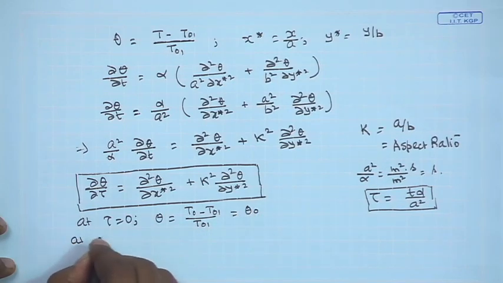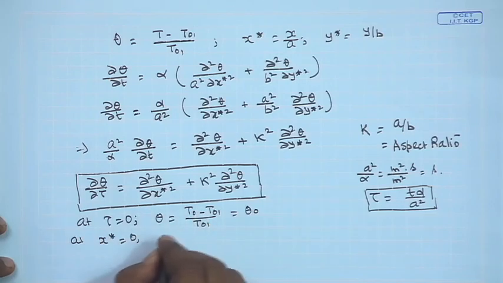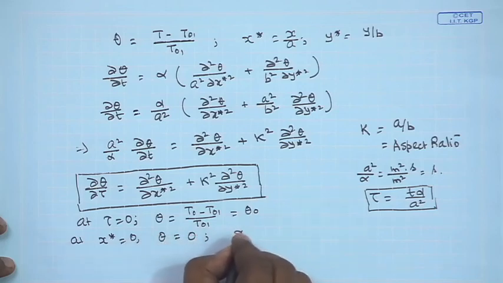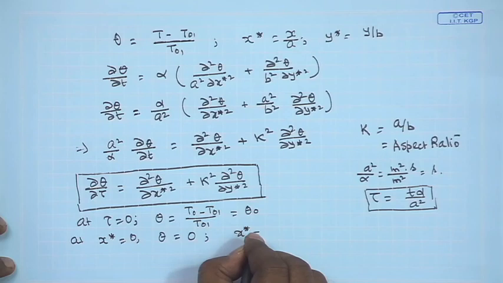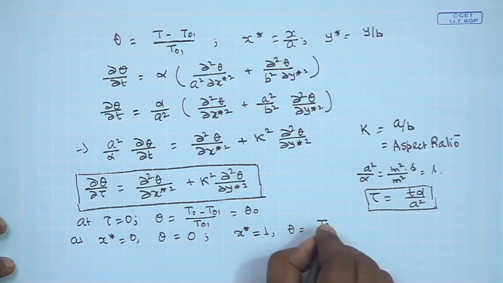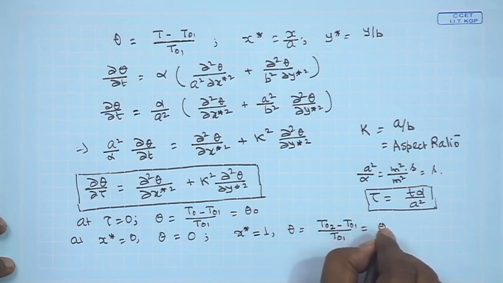At x is equal to 0, that means at x star is equal to 0, t is equal to t01, so theta is equal to 0. At x is equal to a, that means x star is equal to 1, t is equal to t02. So, theta will be t02 minus t01 divided by t01. This will be theta 1.